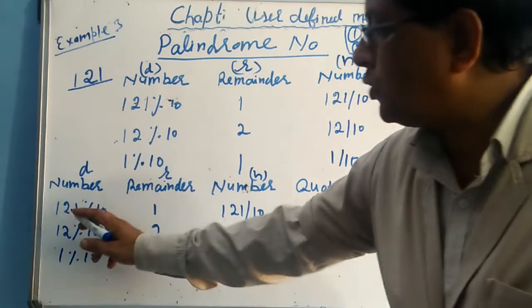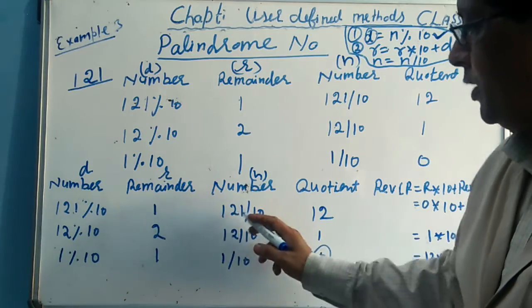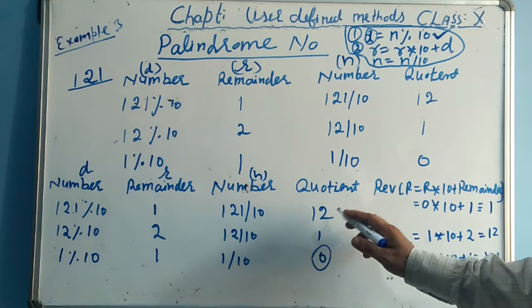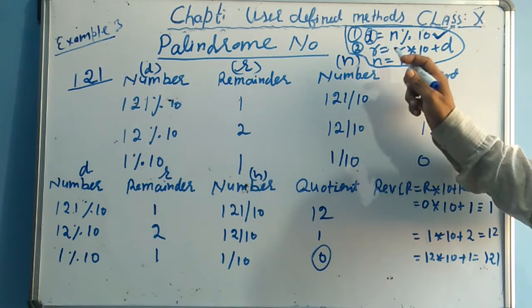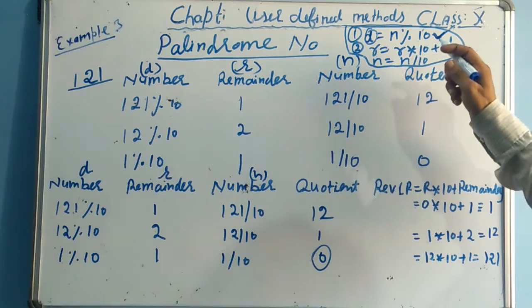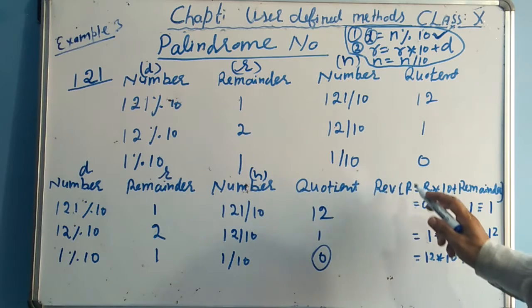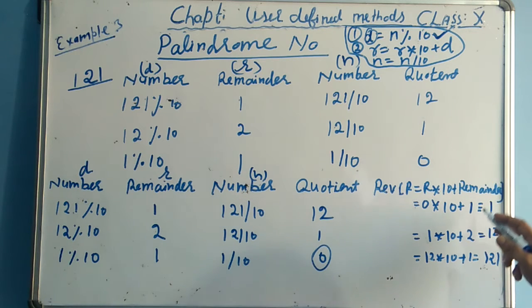The number is 121 modulo 10, remainder is 1. When you divide 121 by 10, remainder is 1 and quotient will be 12. Then for the reverse, you will use the formula R is equal to R multiplied by 10 plus D, reverse is equal to reverse multiplied by 10 plus remainder.